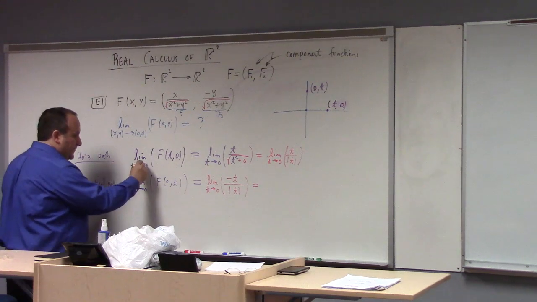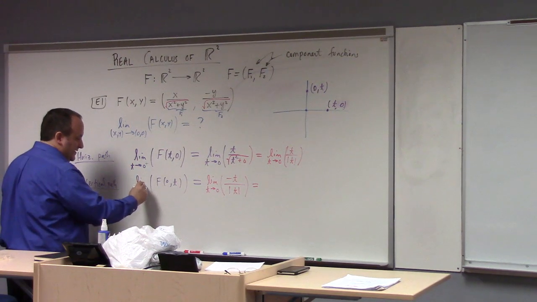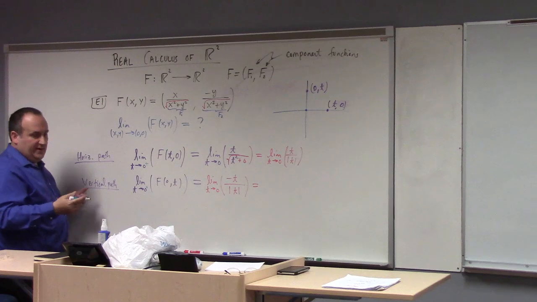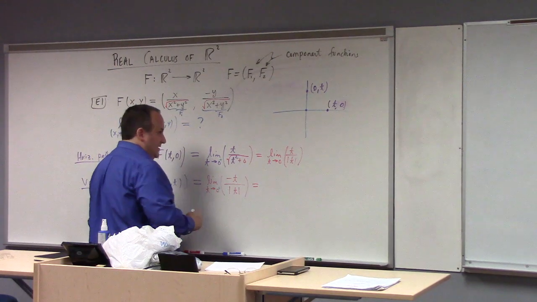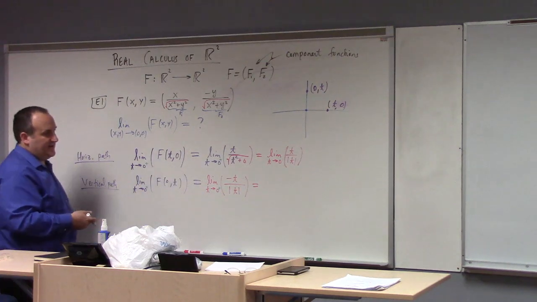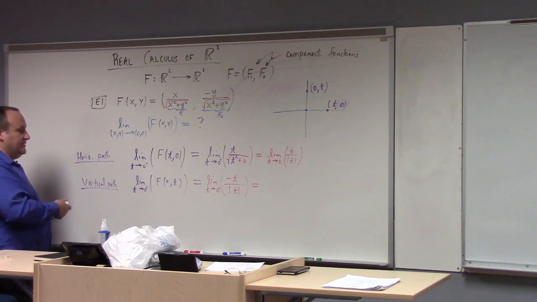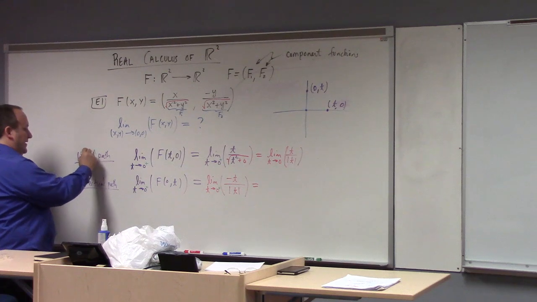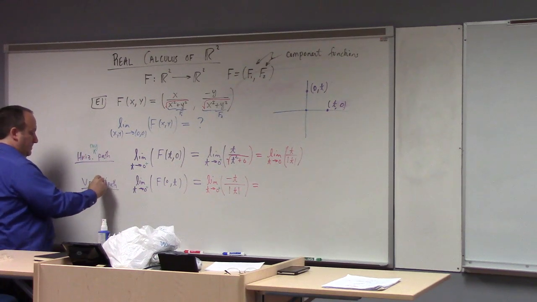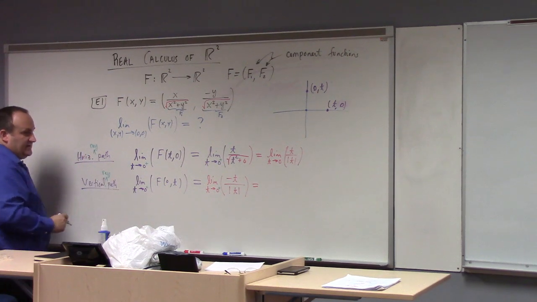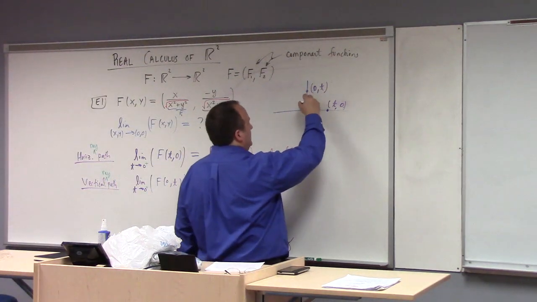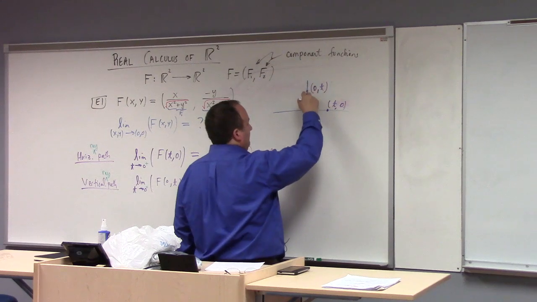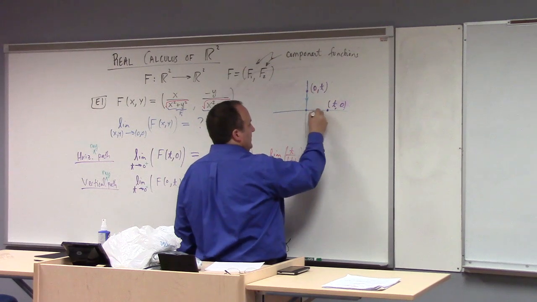I'll do it from the right. Just add a little plus here. Then that will give me a little bit more interesting thing to say here. So if I do that, then it's not a path through the origin. These are rays. It's a ray to the origin. Like this one, and this one over here.